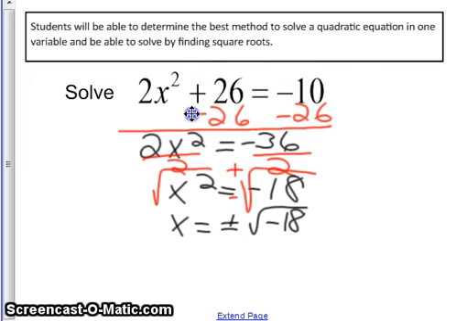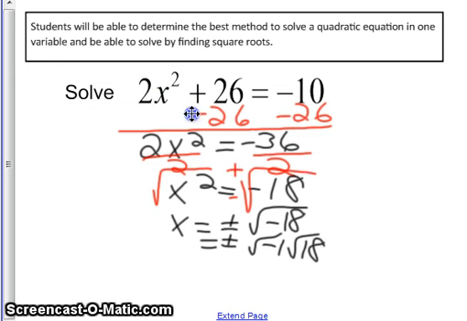What we have to do right now is learn how to express the complex solution. That means it has an imaginary part to it. Okay, so here's how we do this. We are going to rewrite this as the square root of negative 1 times the square root of 18. You with me so far?